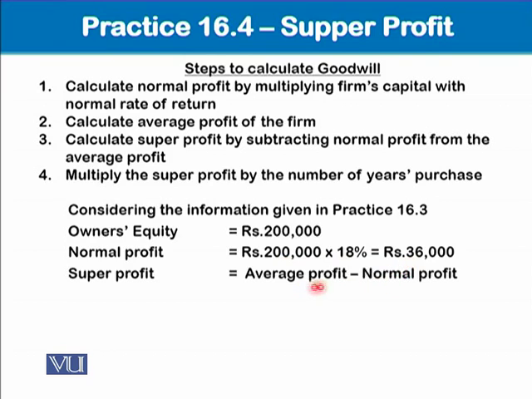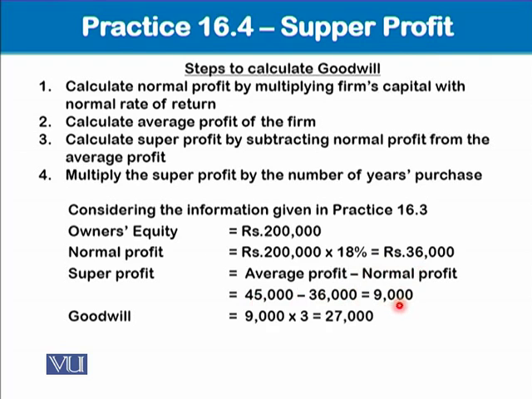Our average profit minus normal profit will give us super profit. Average profit is 45,000 and normal profit is 36,000, means our super profit is 9,000. So the goodwill of the firm is equal to 27,000, means 3 years purchase of the super profit.